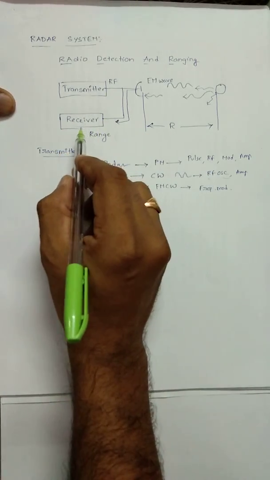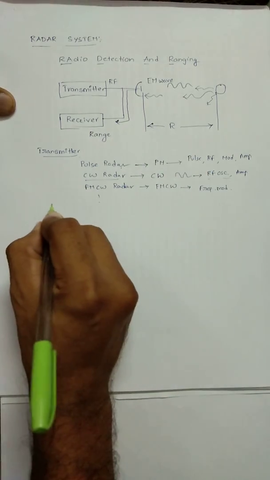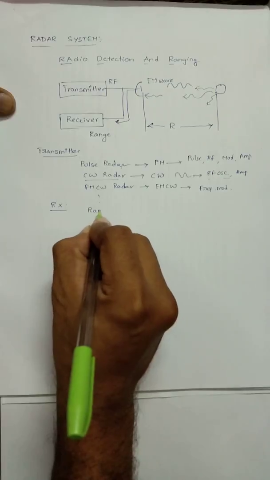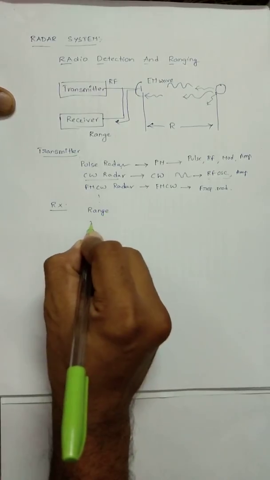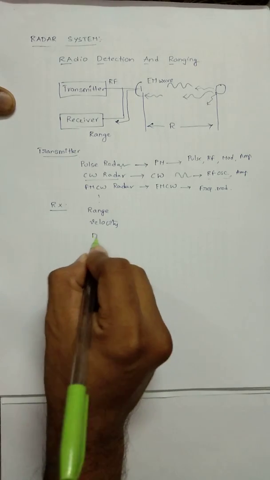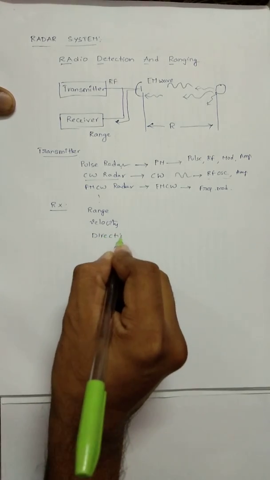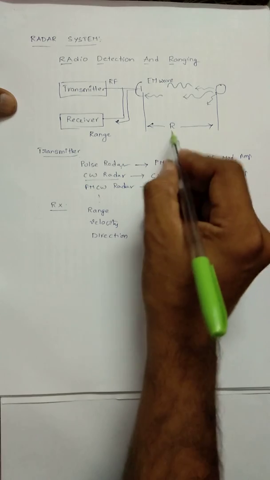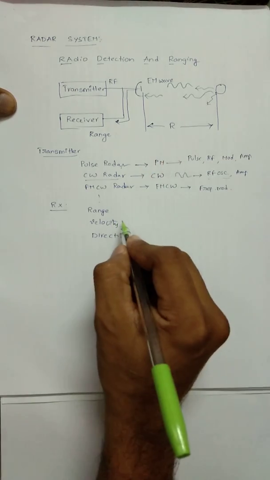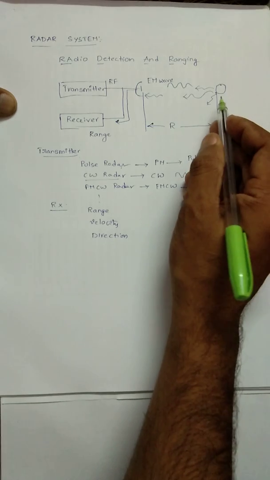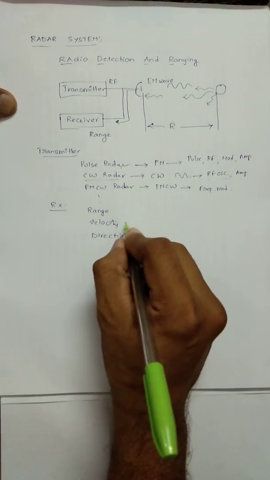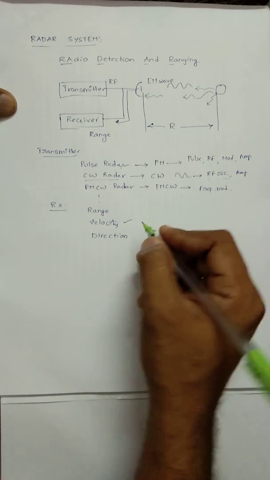And next, coming to the receiver, in the receiving section, we are going to determine the range, velocity or direction of the target. We can determine the range between the object and the radar system, and at the same time, if the object is in motion, if it is not a stationary object, then we can calculate the velocity of the object also.